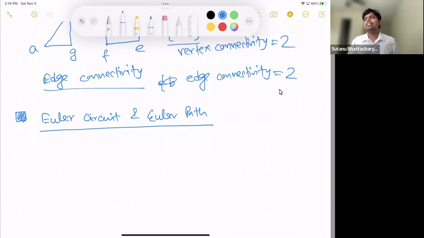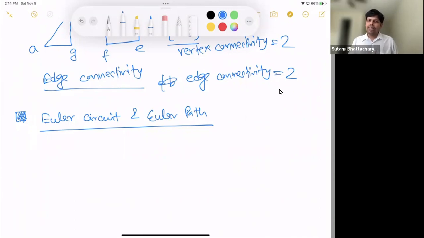So actually, Euler was a Russian scientist, and he was at that time around 1750 or something, around the 70s.